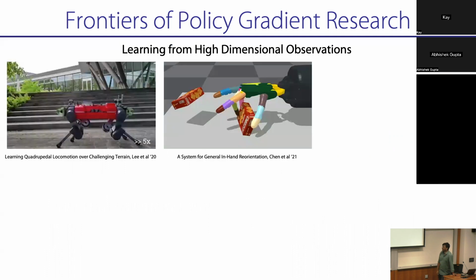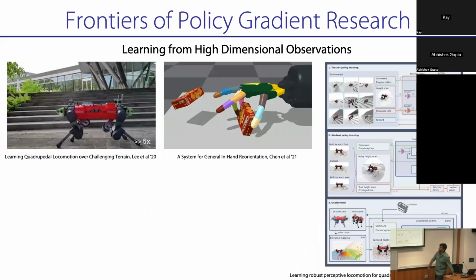I think learning from images is still very difficult. If you train PPO from images, you can eventually get it to work, but it takes 10 million samples. What people often do in practice for these kinds of problems is student-teacher training, where they train a teacher with privileged information and use it to supervise a student.